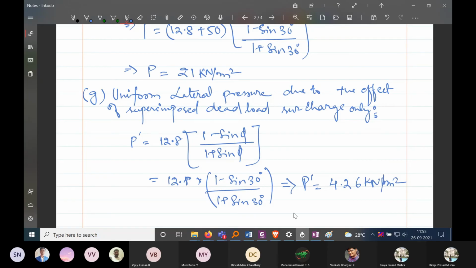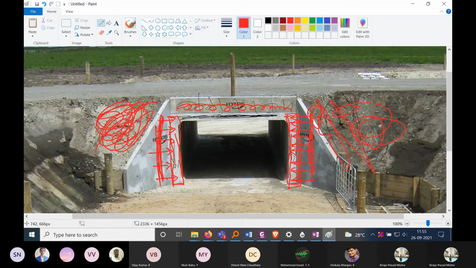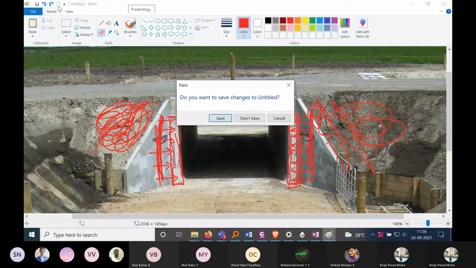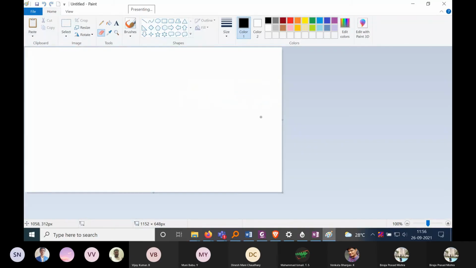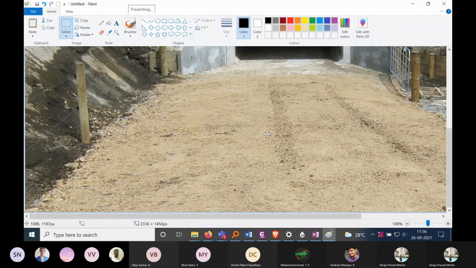Now let us come to the diagram. Okay, now see here.